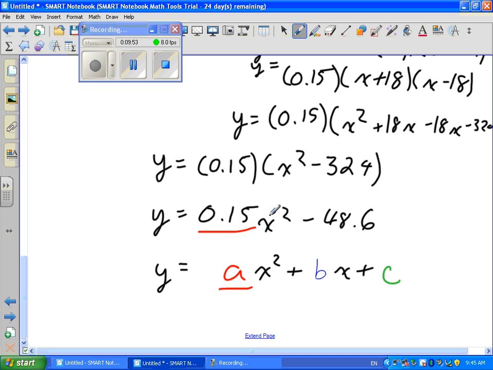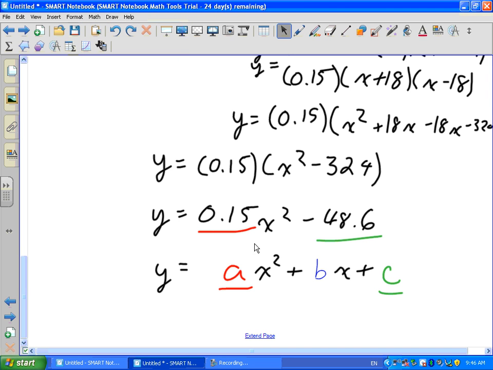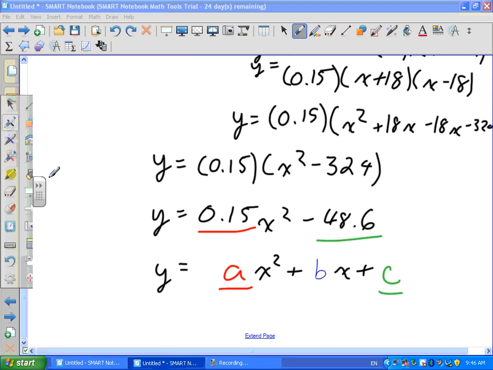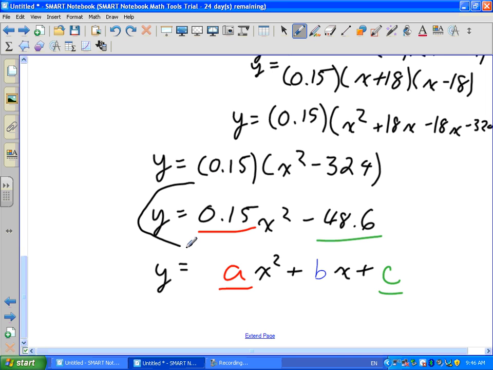Do I have a b value right now? No, there's no b value, and that's fine. You can still have a quadratic expression with no b value. My c value is negative 48.6. So that was my quadratic expression for me throwing a rock off of a bridge. This represents the expression.